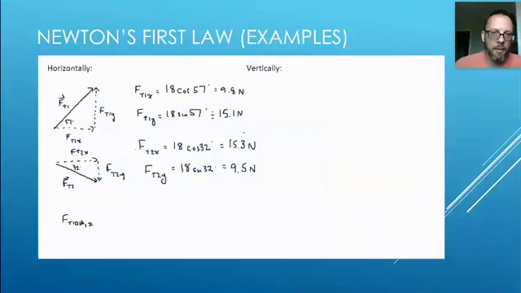So F tibia x has to equal, in this case, Ft1x plus Ft2x. And again, this is just one way to get this down and reason it out. So we have 9.8 plus 15.3, I think that's 25.1.